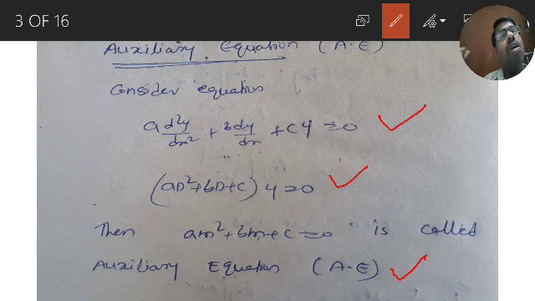Depending on the roots, we can write the general solution of the homogeneous differential equation.